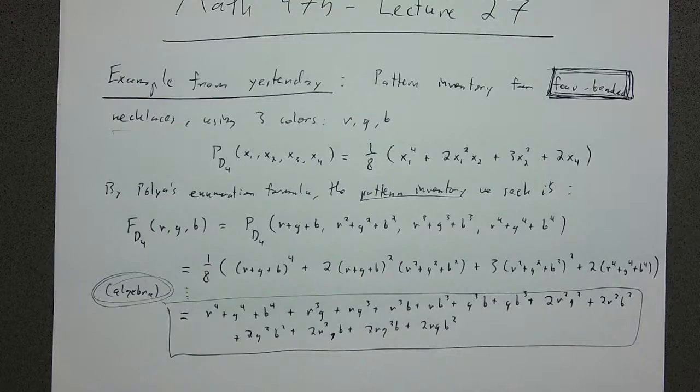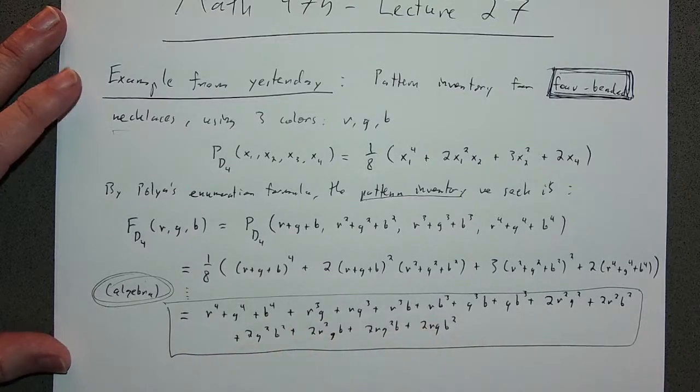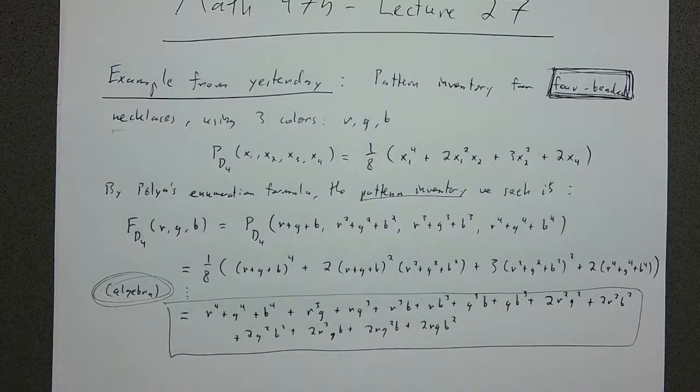But that would just be you computing the pattern inventory on your own and not using the enumeration formula. The fact that we can start here and just apply algebra to crank this out without thinking about how to count these things or what the count might be, that's the power.